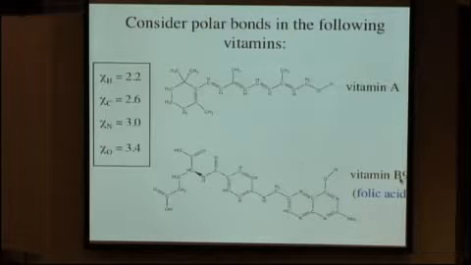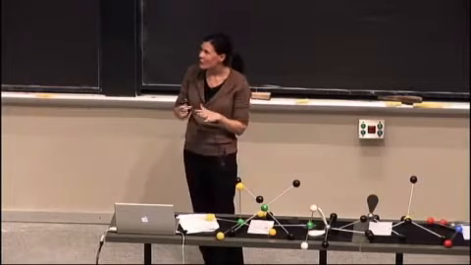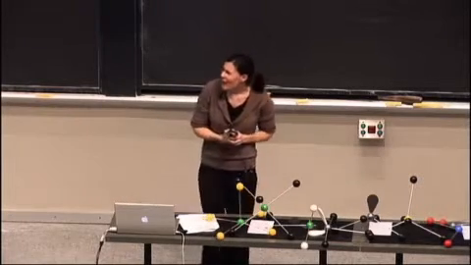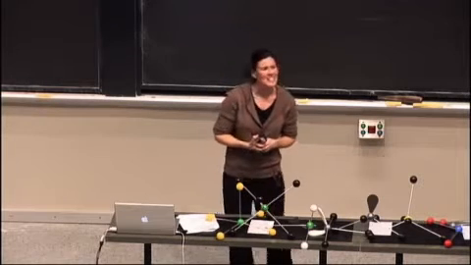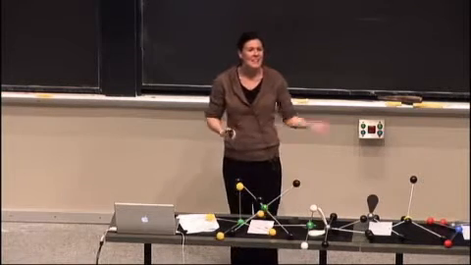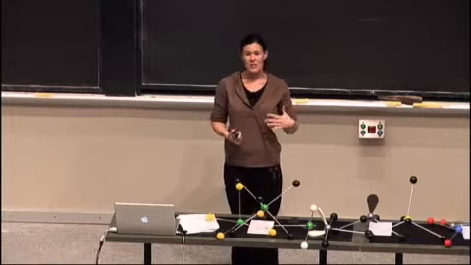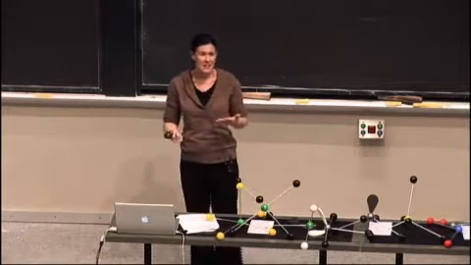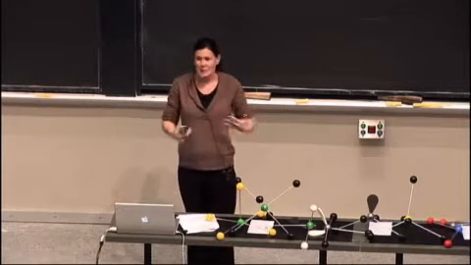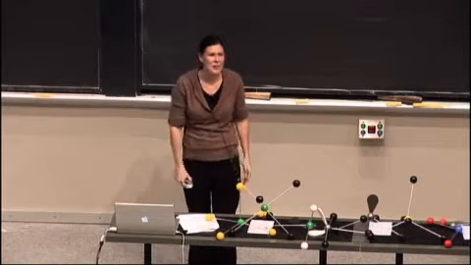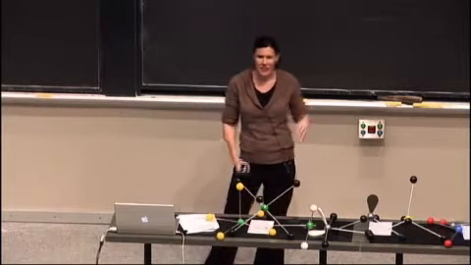Hopefully you're all very familiar with folic acid because it's an important vitamin to take, especially if you're a woman, especially if there's any chance you might become pregnant in any kind of near future, by accident or on purpose. The reason for this is that folic acid deficiency in pregnant women leads to neural tube defects in babies. Your brain develops very early in pregnancy, the brain of an embryo.